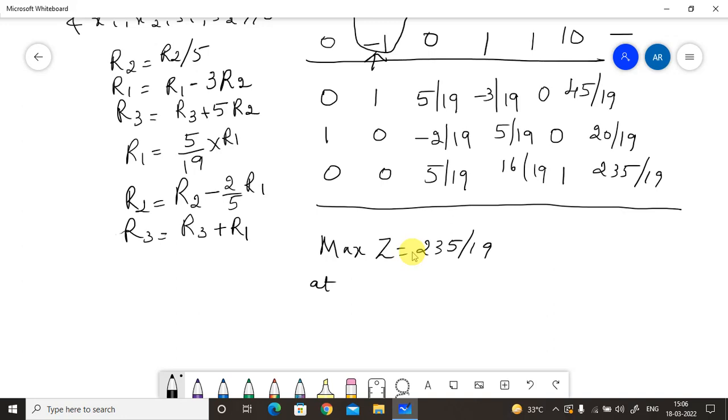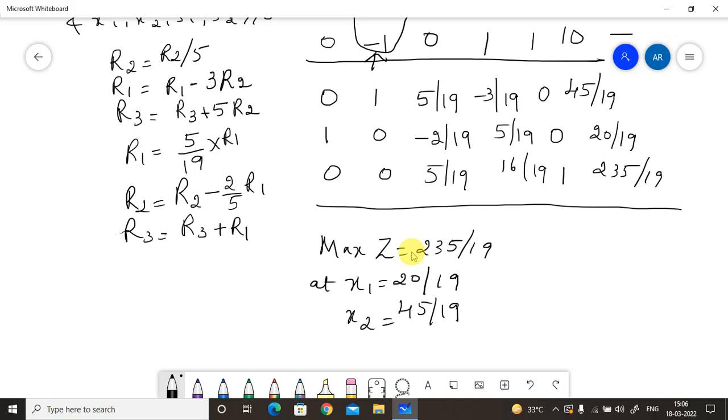So the x1 value will be 20 by 19, and x2 also it's the same case. In the second column you can see that there is only one 1 and the rest of the values are 0, but 1 is pointing to 45 by 19. So x2 value will be 45 by 19.